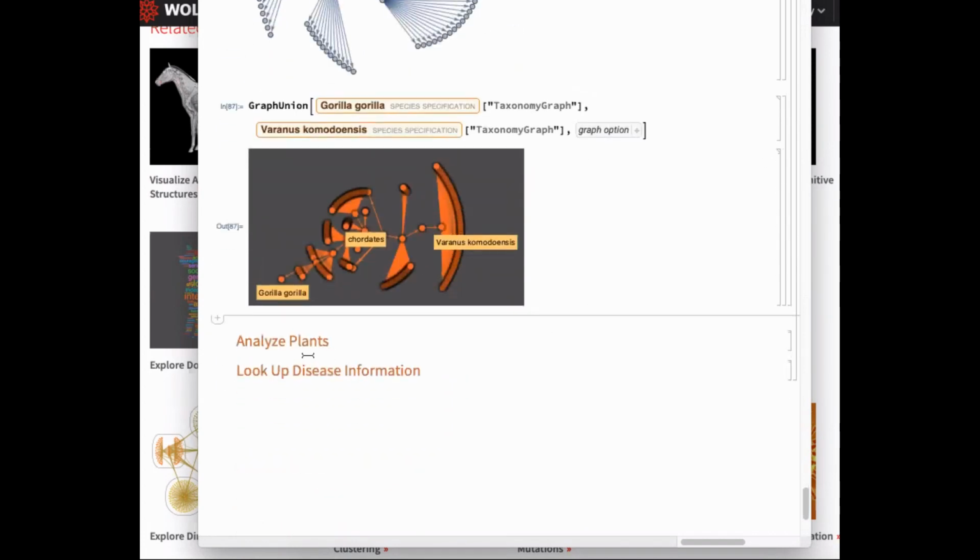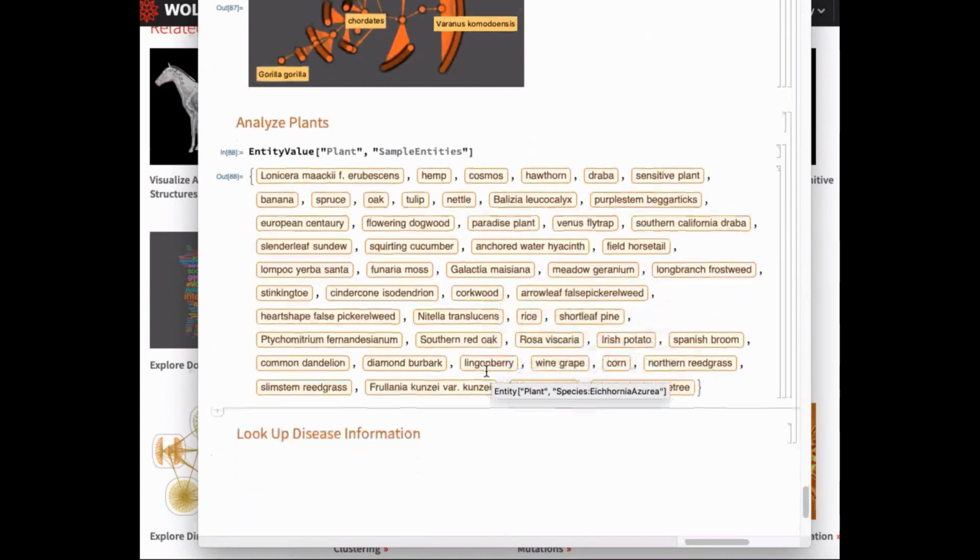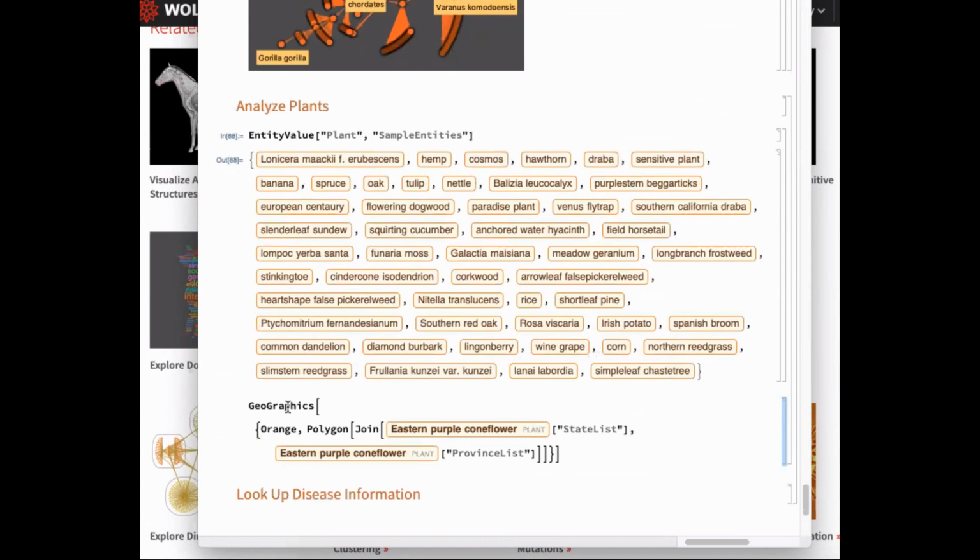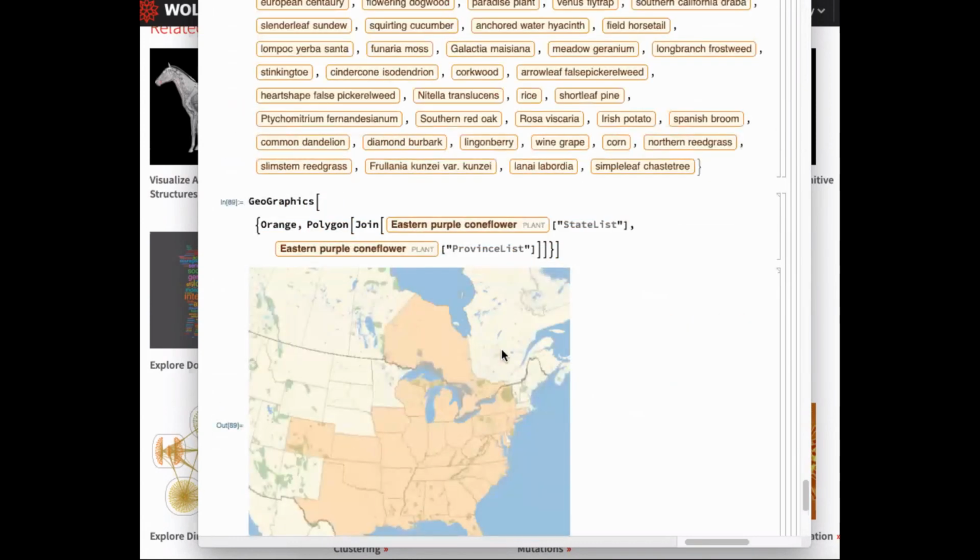And similarly, the plants entity domain provides information about over 170,000 plants. Here are some sample plant entities. And in addition to taxonomic information, you can access their plant distribution information in North America and use the geographics function to highlight it on the map.